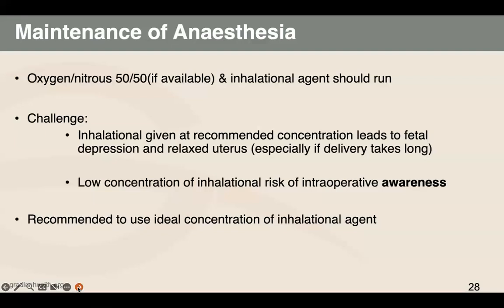But let's note that in patients with postpartum hemorrhage, use of halothane could further exacerbate that, because halothane is associated with uterine relaxation. So our choice of inhalational agent will also be important.